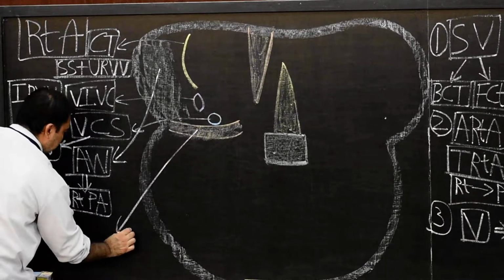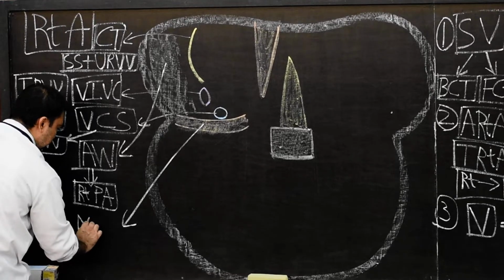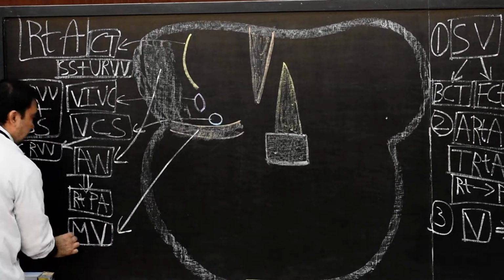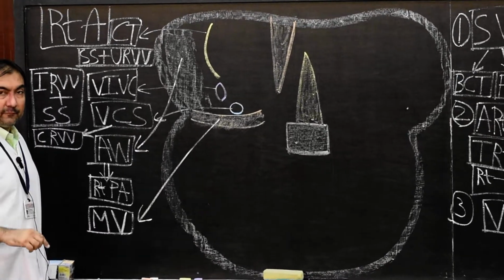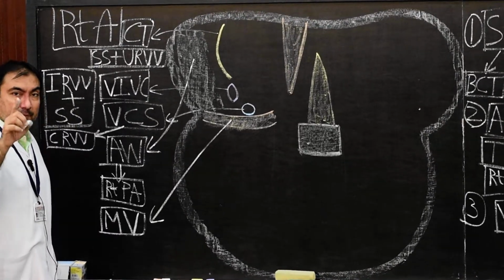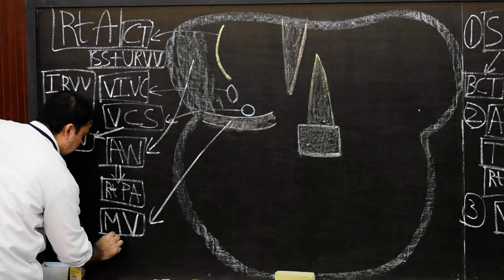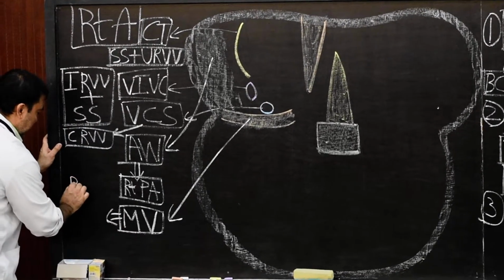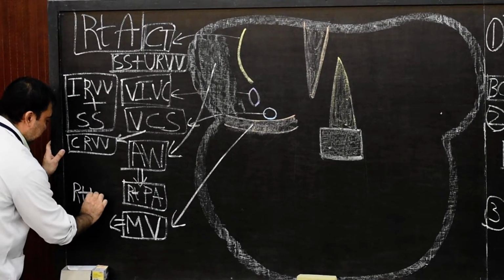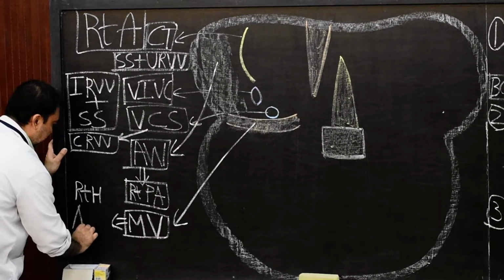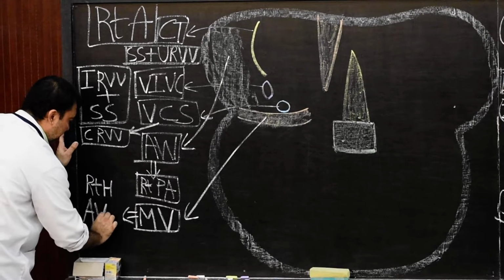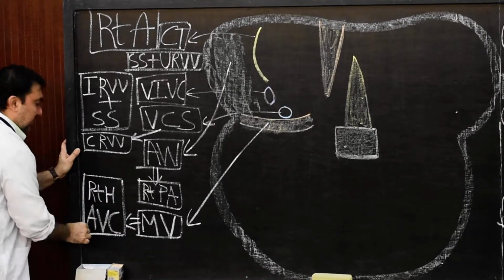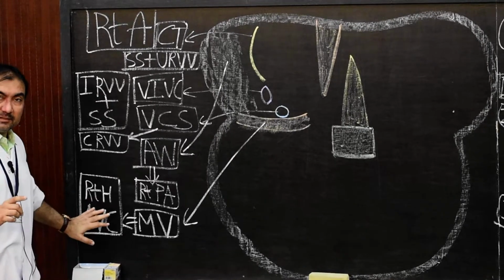I will write it as the most ventral part of the right atrium. It is going to develop from right half of atrioventricular canal. So it has developed from the right half of atrioventricular canal.